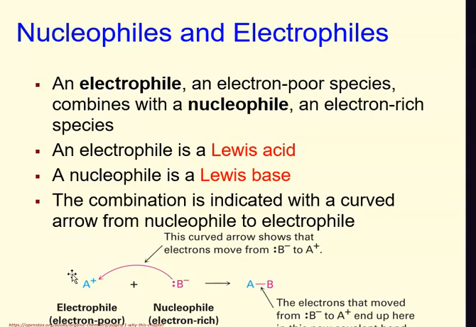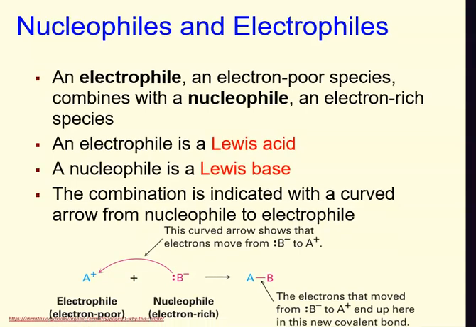When we show a reaction between an electrophile and a nucleophile, the arrow always starts at the electron-rich nucleophile and ends at the electron-poor electrophile. An electrophile is electron-loving, and a nucleophile is nucleus-loving. That's why the names are given, with the nucleophile being electron-rich and the electrophile being electron-poor.